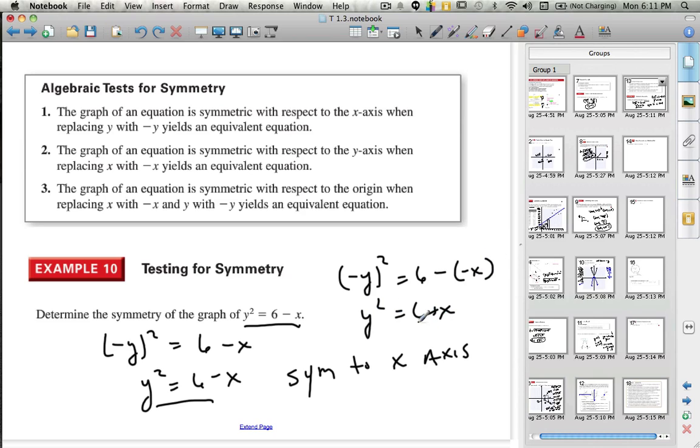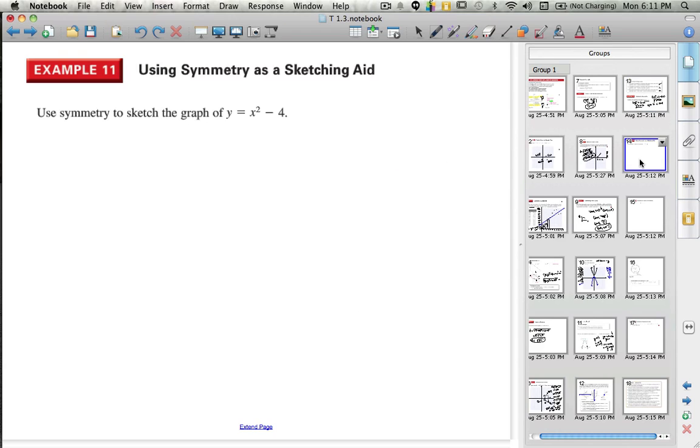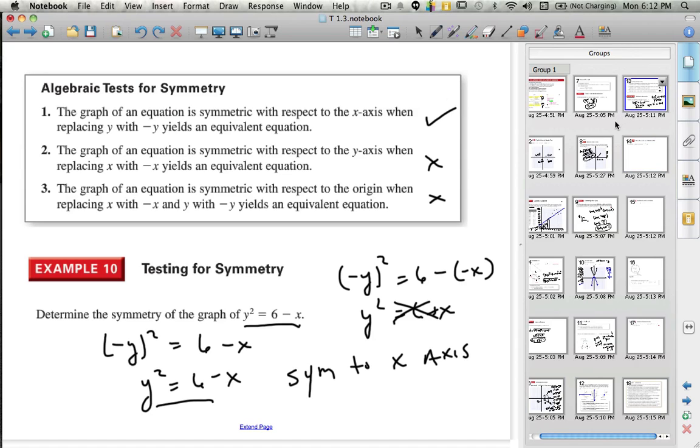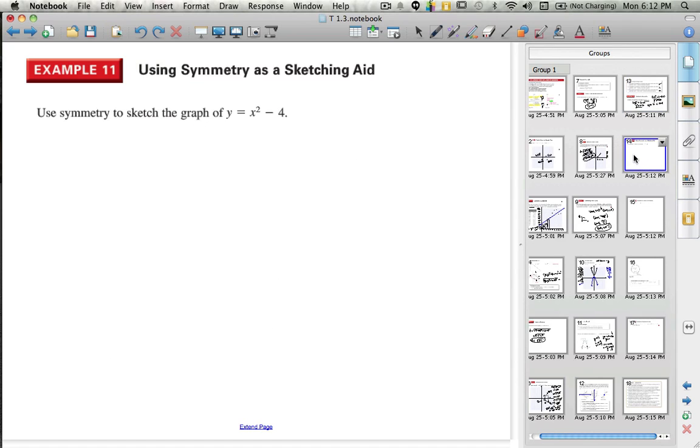This is not the same equation. And equally you can see that I also would have gotten 6 plus x if I'd done the second test. So this one fails, but that one works. There are different ways you can test for symmetry, and that really just helps you. If you're not sure, it helps you know how many input-output items you have to do.